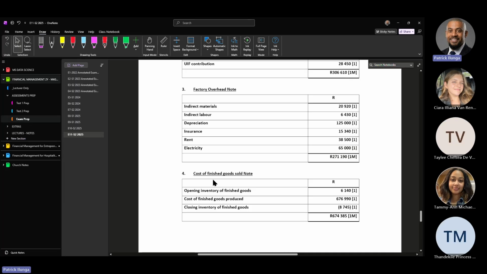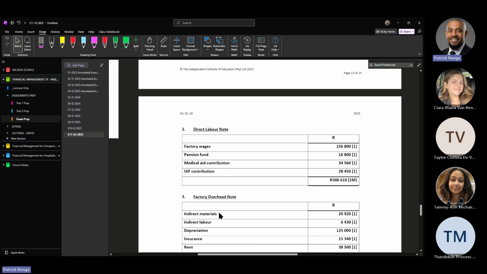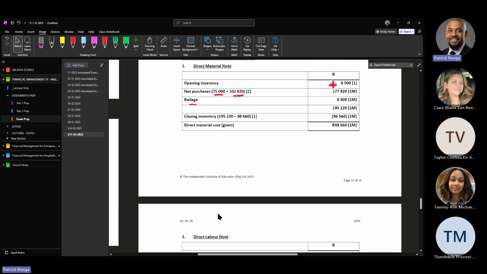Remember, I repeated last time that you need to distinguish between what is manufactured or produced and what is sold. Not everything that is produced is sold. Here there's an opening: you add the opening, you minus the closing.